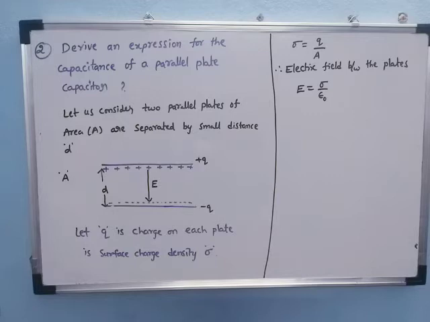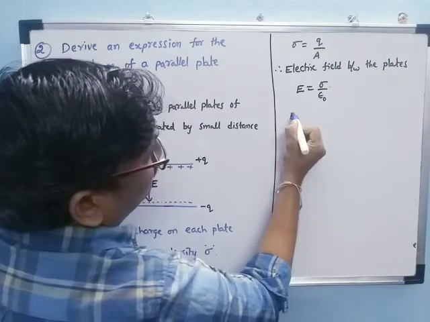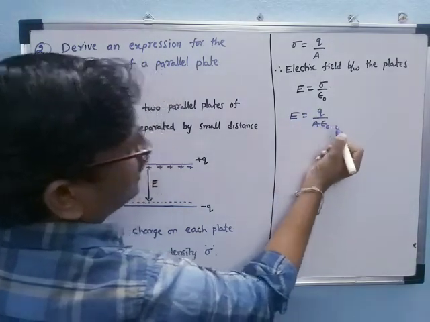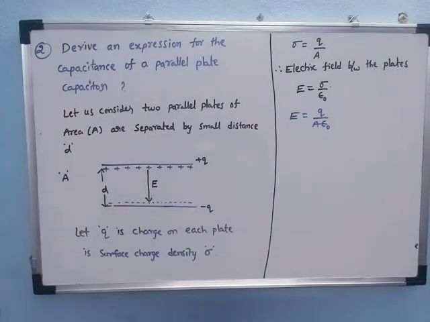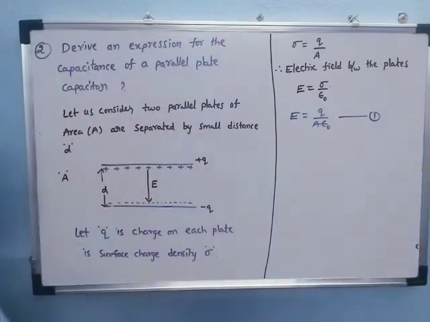This was already derived in the electric charges and fields chapter, as the second application of Gauss law. Now substituting the sigma value, sigma equals Q by A, the electric field E is equal to Q by A epsilon naught. This is equation number 1.